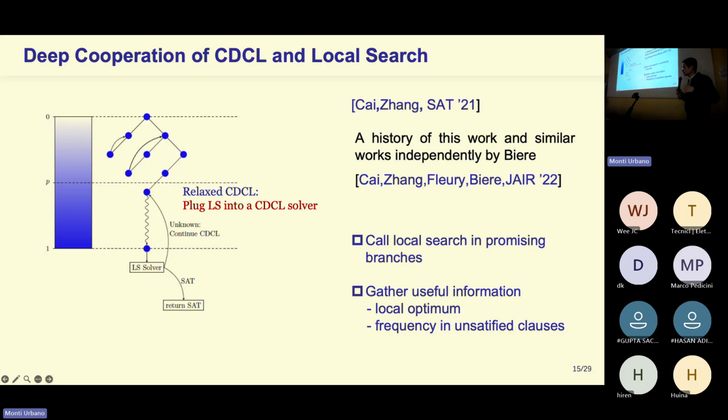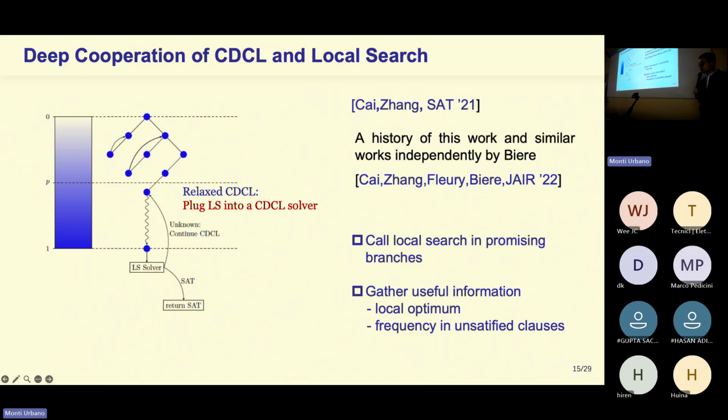But if we are not lucky and the local search fails to find a solution, the time is not wasted, because during this procedure, we use local search to gather information such as the local optimal assignments and the frequency in the unsatisfied clauses. And this information is very important for the CDCL branching heuristics.